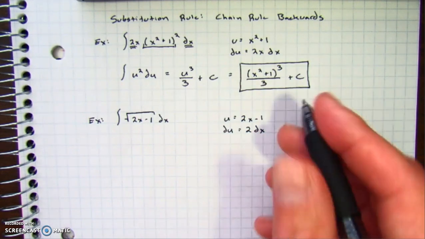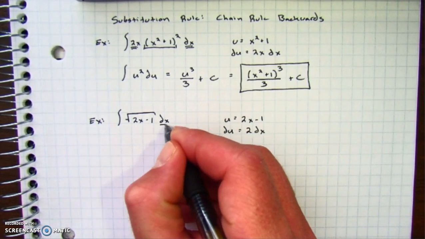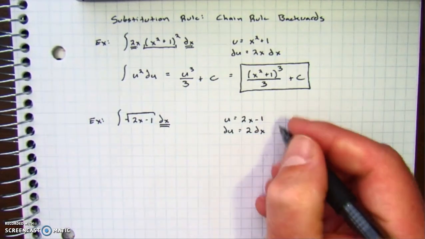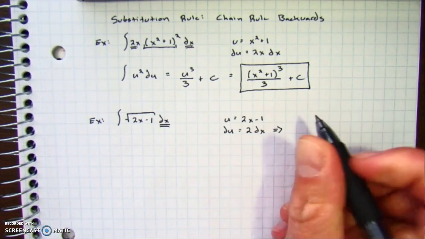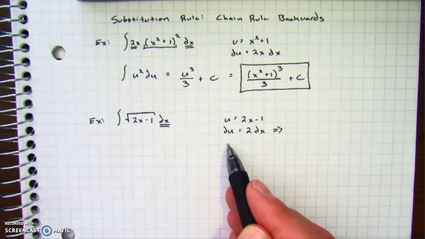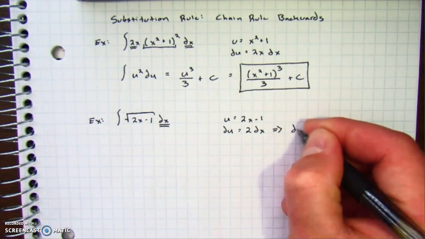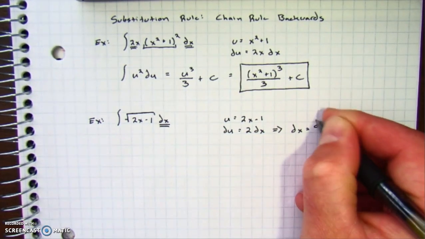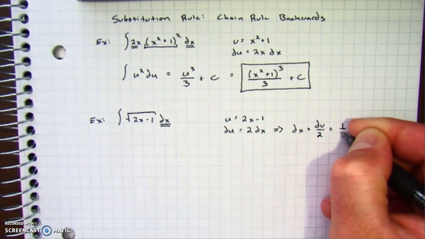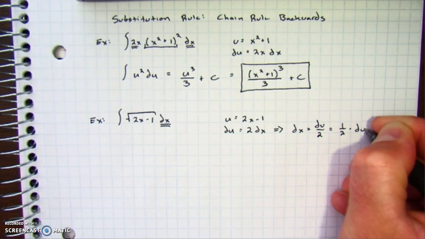The way I like to think of it is I need to figure out what dx equals in terms of u. That's easy enough. If I'm solving for dx, I just divide each side by 2. So dx is going to equal du divided by 2, or 1/2 times du.